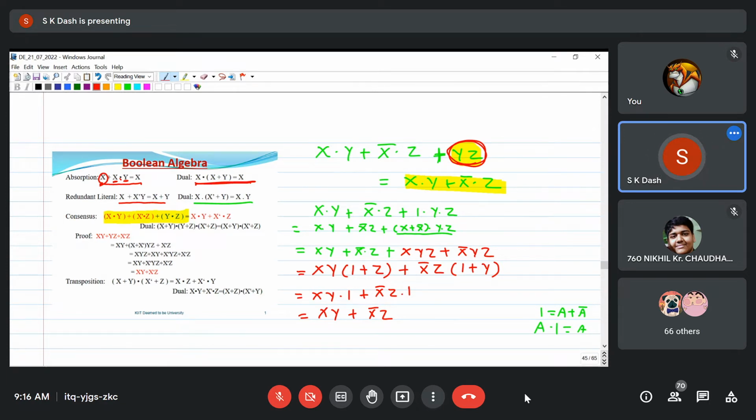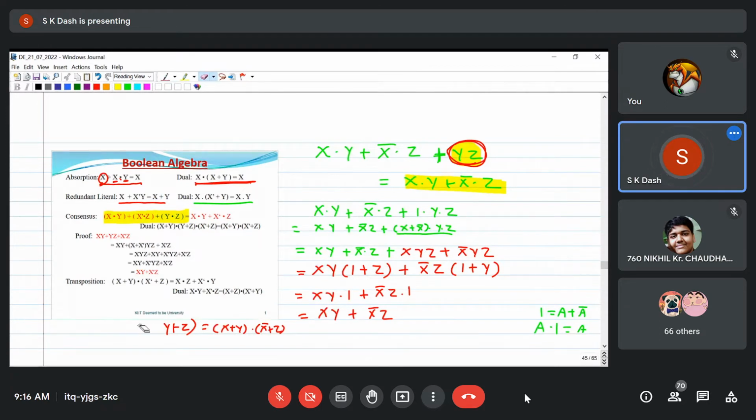What will be its dual? xy dot will be replaced with plus, so x plus y, then plus will be replaced with dot, x bar plus z, plus is replaced with dot, y plus z will be equal to how much? x plus y dot x bar plus z. Here we don't have zeros and ones, so we just need to replace plus with dot and dot with plus. So this theorem is proved.